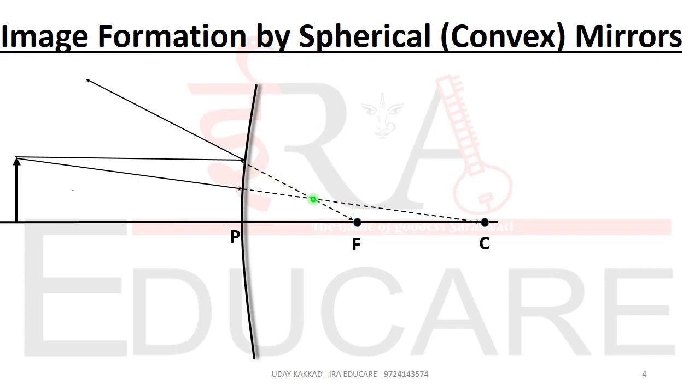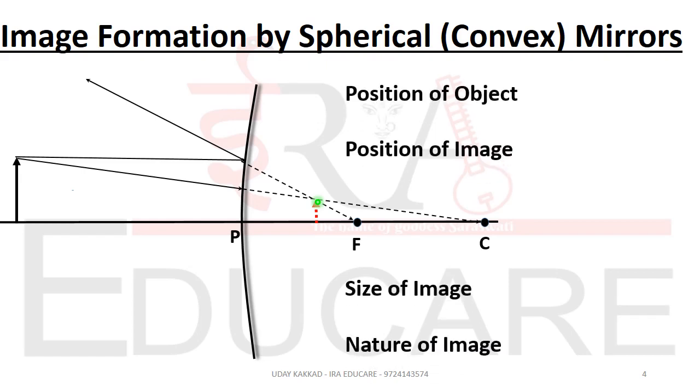So here your point is met, so your first point of the image is here, and here your image will be formed. Now you can easily see that the image is behind the mirror, so this image is also virtual. In a convex mirror, all the images produced are always virtual.